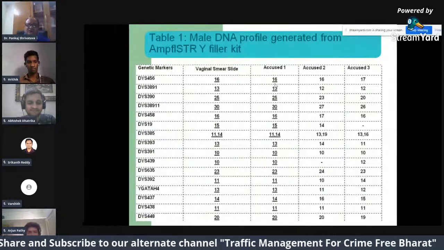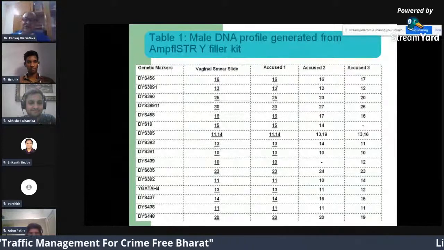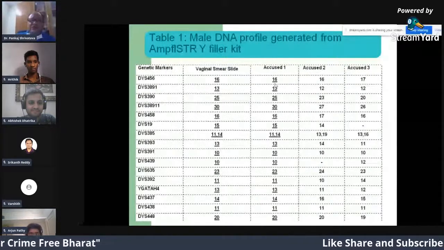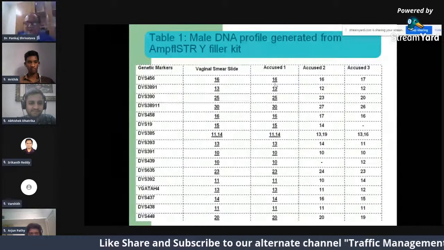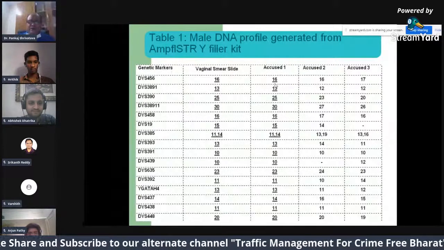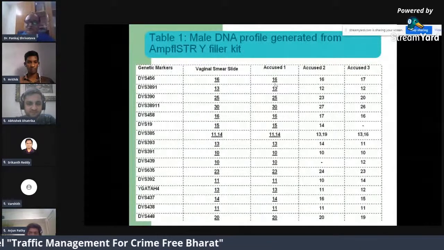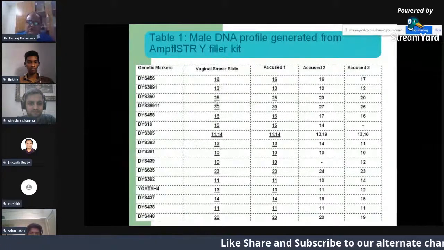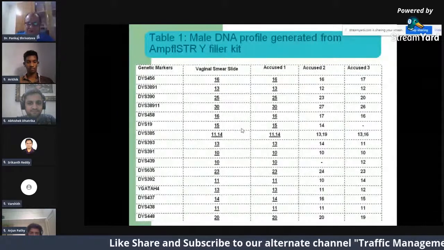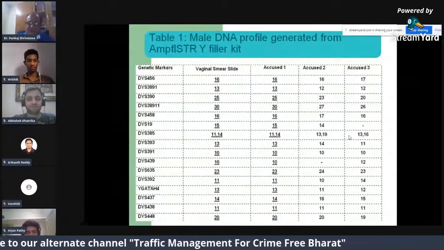Every time we try to find research papers, we try to improve our technology. We are not working with the technology in the same manner as we used to in 2007. As the technology is updated, you, as an examiner, have to update yourself. So in this case, this particular accused was found involved with our DNA report, and these two were set free with our DNA report.